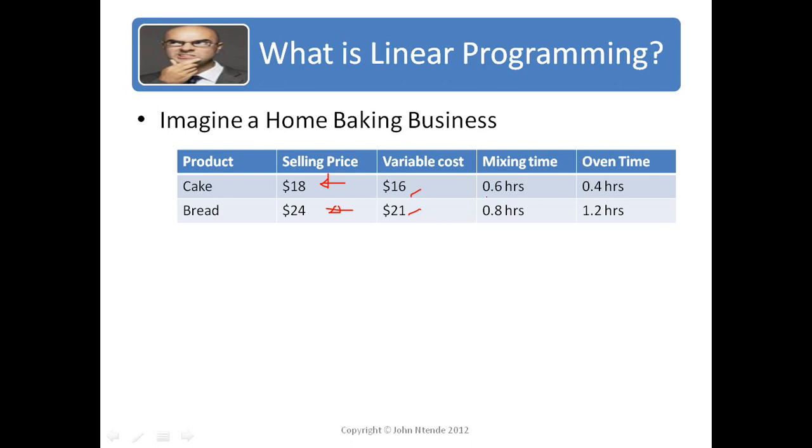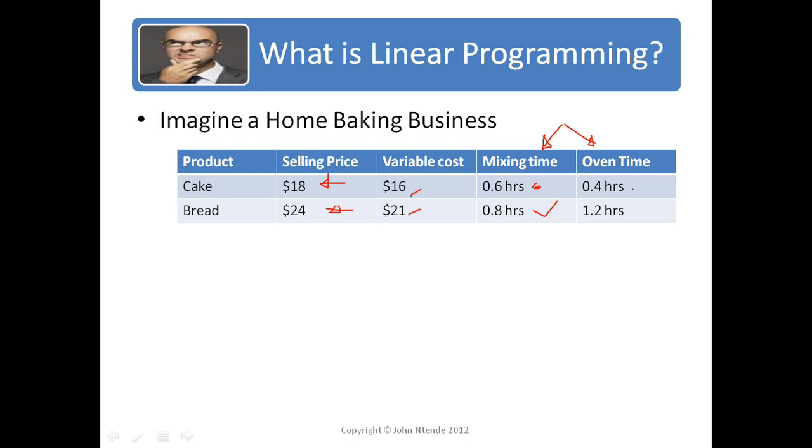Now let's also say that there are two key processes. One is mixing and the other is placing the product in the oven. And so let's say that the cake takes 0.6 hours mixing time, and then also say that the bread takes 0.8 hours mixing time.